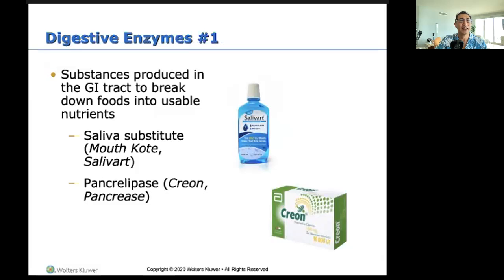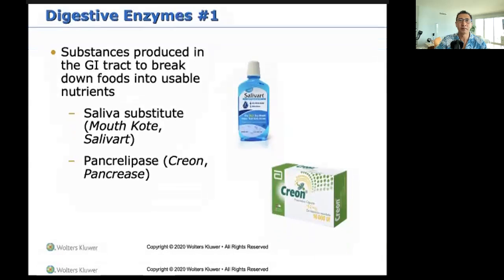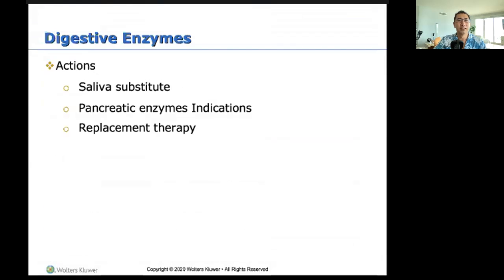Saliva substitute contains electrolytes and other chemicals and acts as a thickening agent, used for dry mouth conditions. Next are the pancreatic enzymes. They're replacement enzymes that help with the digestion and absorption of fats, proteins, and carbs inside the stomach.